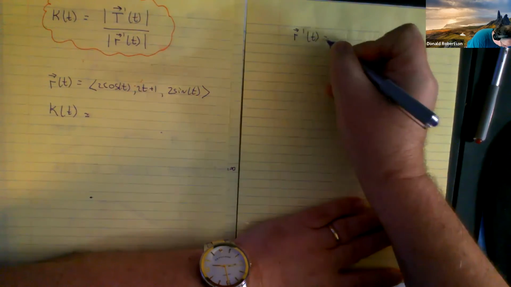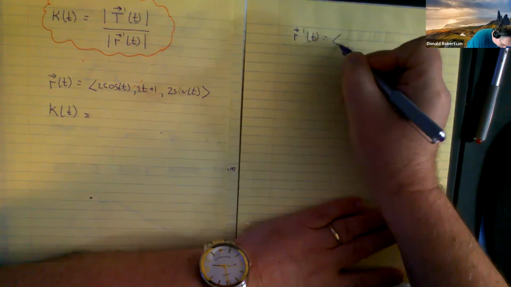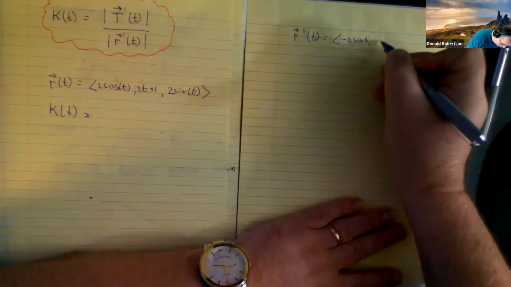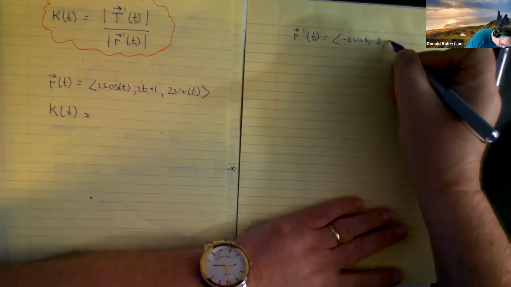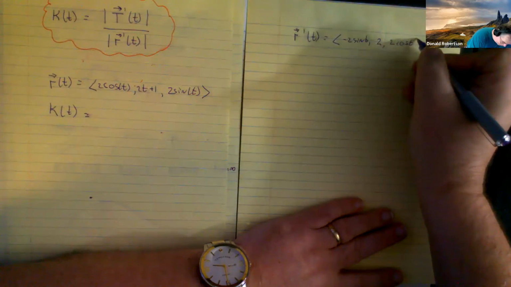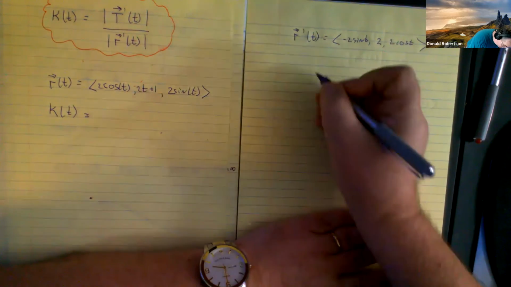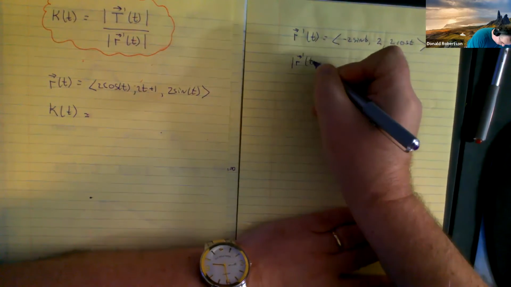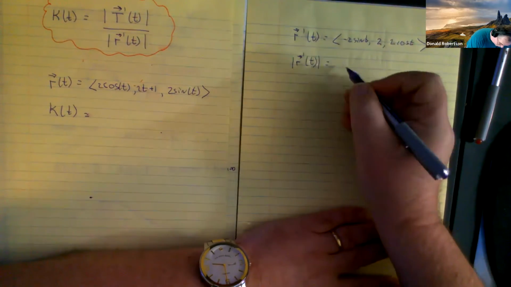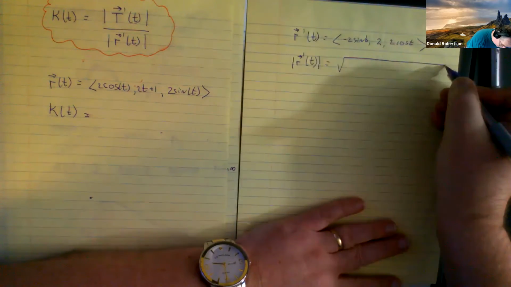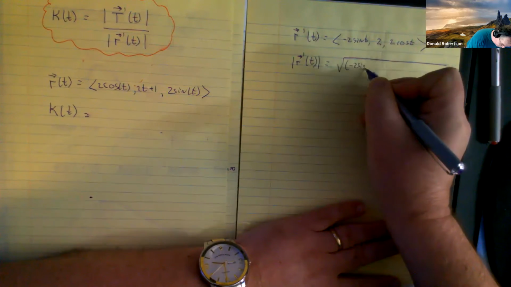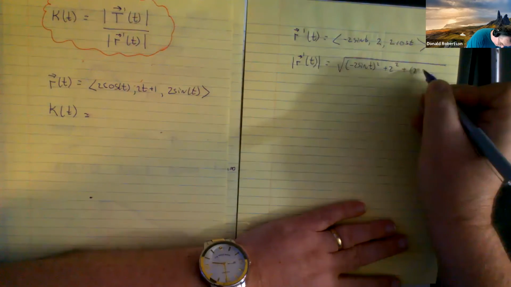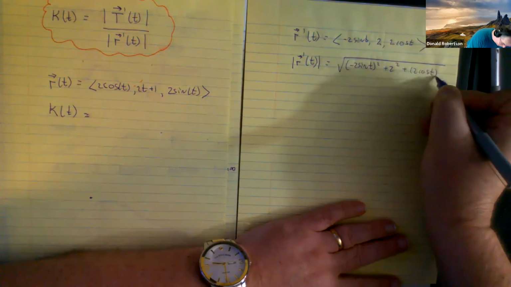And our derivative is -2 sine t, 2 and 2 cosine t. And then I'll find the magnitude of this. And that's the square root of this guy squared plus this guy squared plus this guy squared.